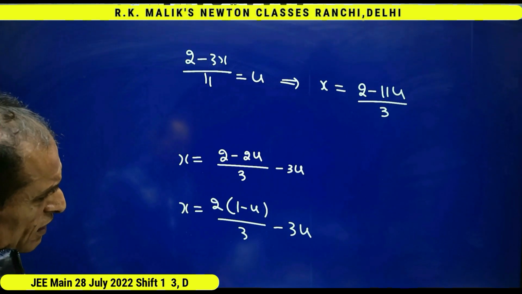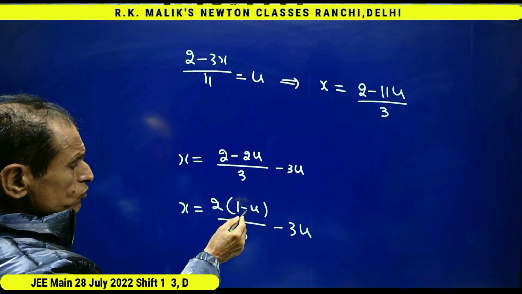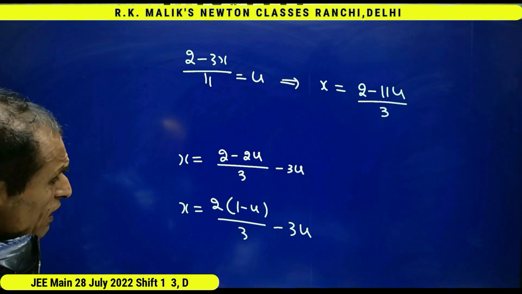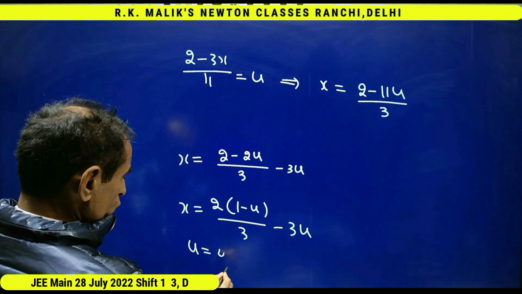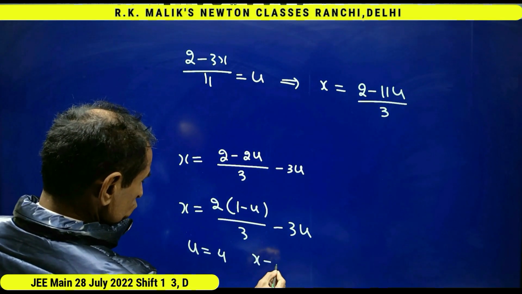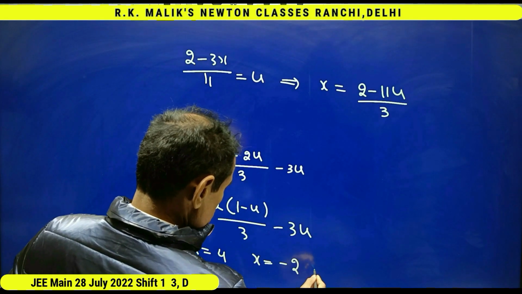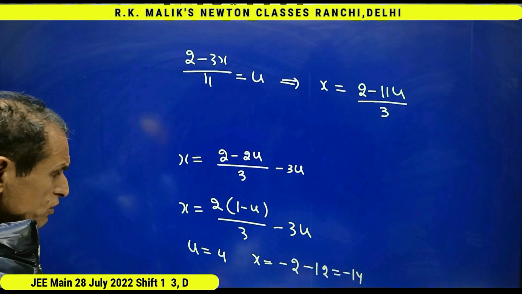Now it is very easy to think that u equal to 4 makes the value of x an integer. Here again, it would have been better had I taken the value of u as 1. That is, for u equal to 4, the value of x you will be getting will be minus 2 minus 12, that is minus 14.